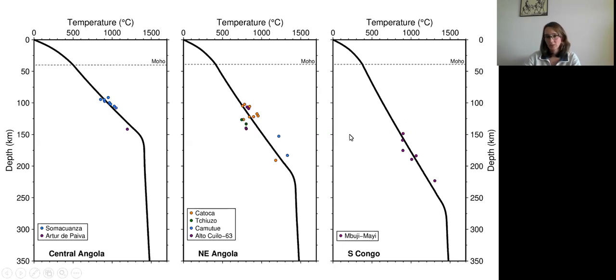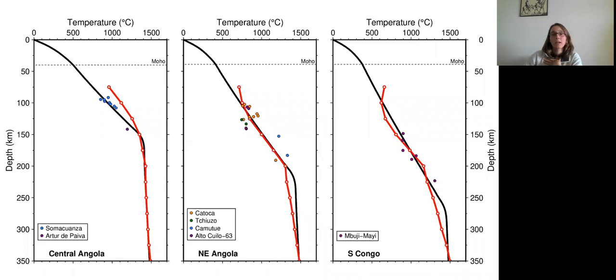So in the Congo on the right here, we've got very thick lithosphere, somewhere around 250 kilometers, whereas it seems to get thinner towards the Angolan dome. So even back in the Cretaceous, we had lithospheric thickness of only about 150 kilometers, which is thinner than what we see in the neighboring cratonic areas.